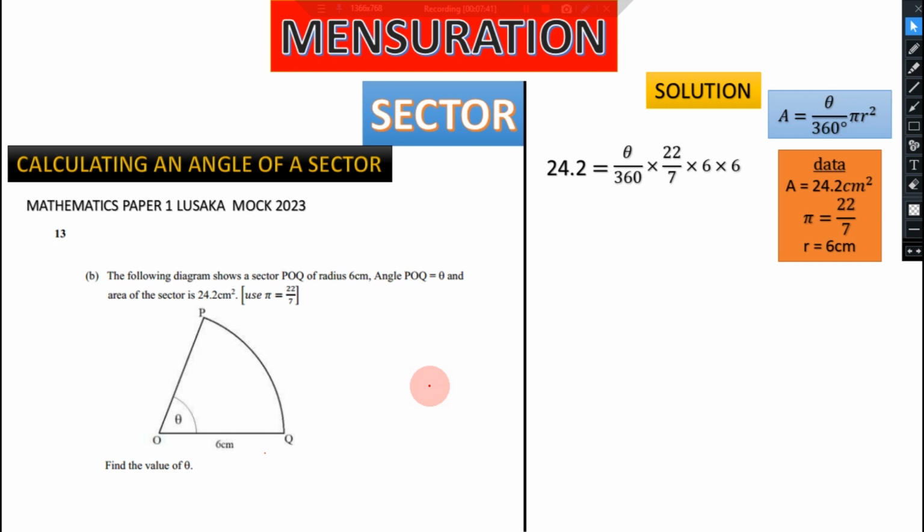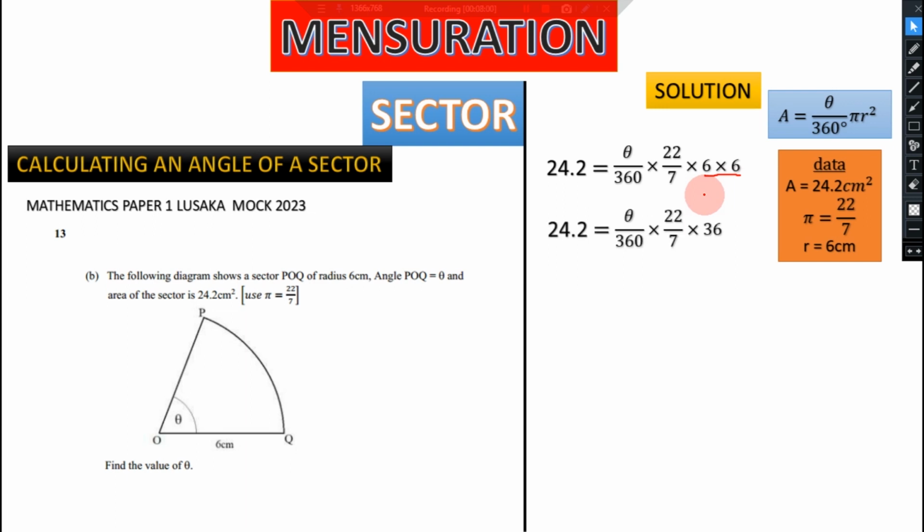Remember, radius has to come twice because it has got a power 2. Then from here, don't multiply everything. What we're going to do is multiply just the 6 times 6, because I want to reduce it.